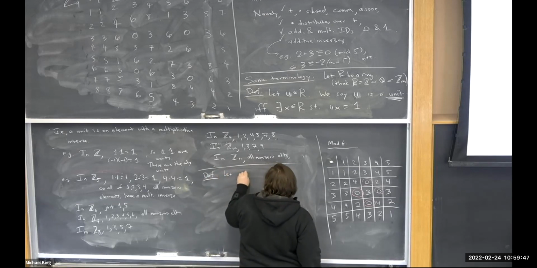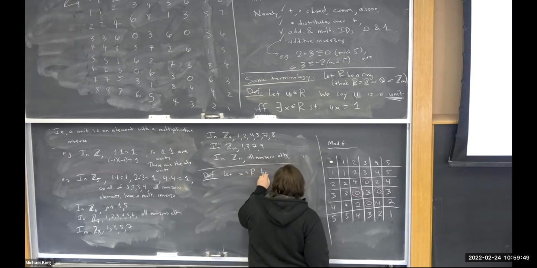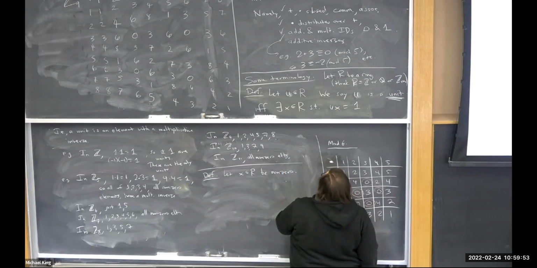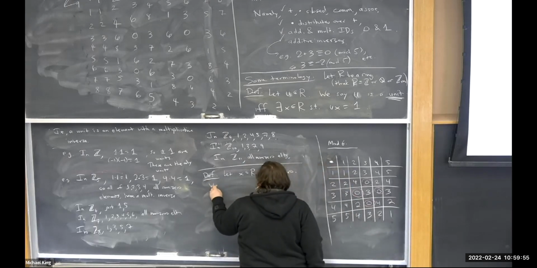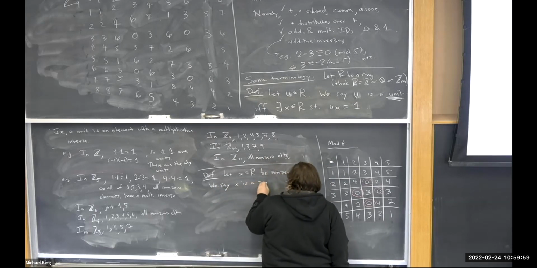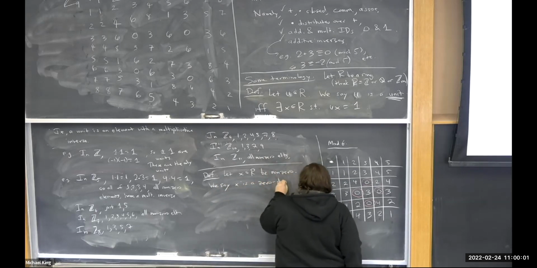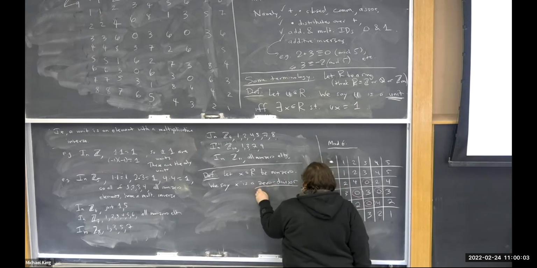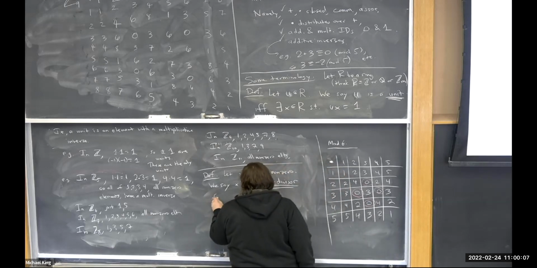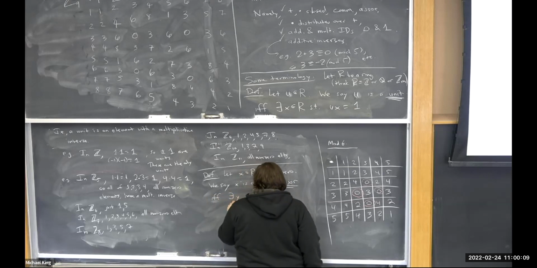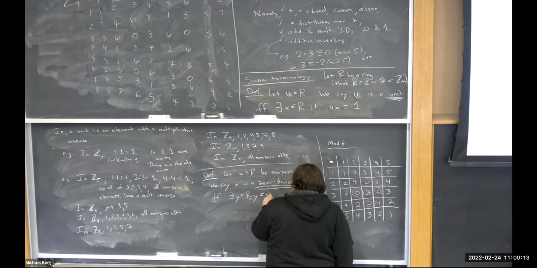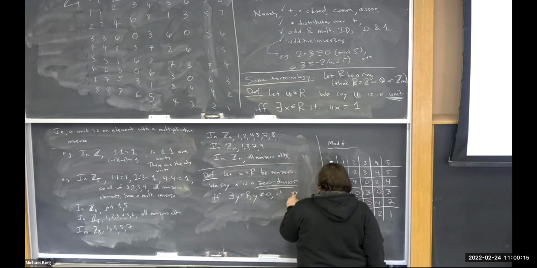Let x in a ring R be non-zero. So I don't want 0. We say x is a zero divisor. This is another term, zero divisor, if and only if there exists y in R, y not equal to 0, such that x times y equals 0.